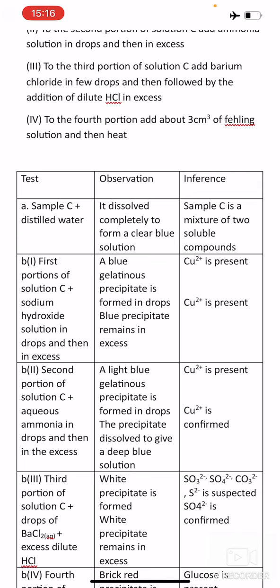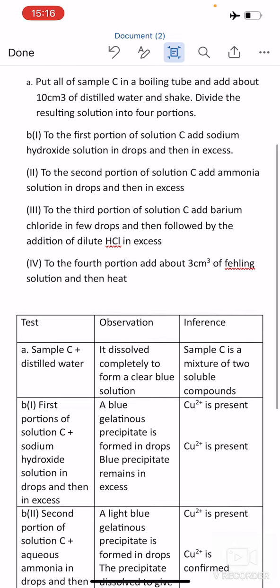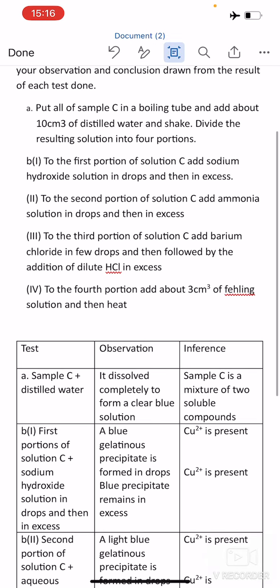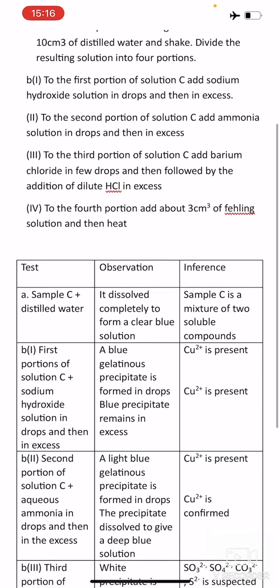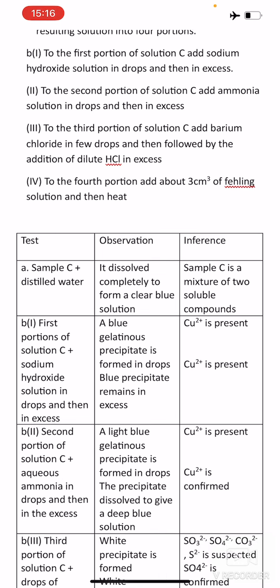Now look at the next one. To the first portion of solution C, because if you look at A here, we are asked to divide the solution into 4 portions. So we add sodium hydroxide solution in drops and then in excess. Instead of sodium hydroxide solution, you can just write NaOH, but you have to put aqueous there, it's very important.